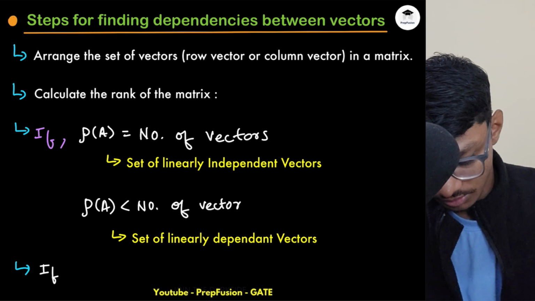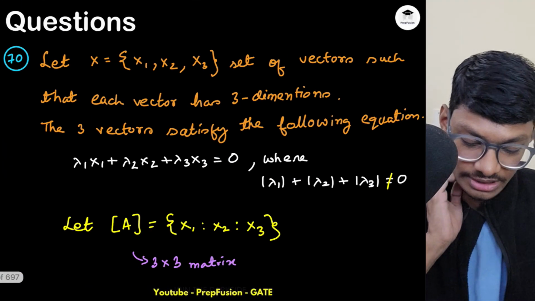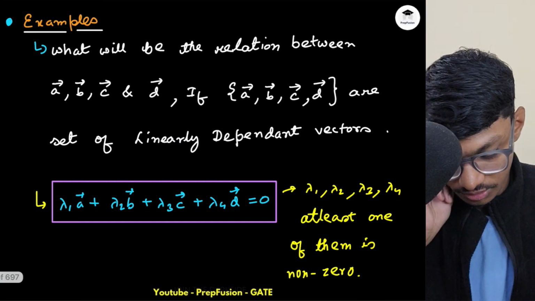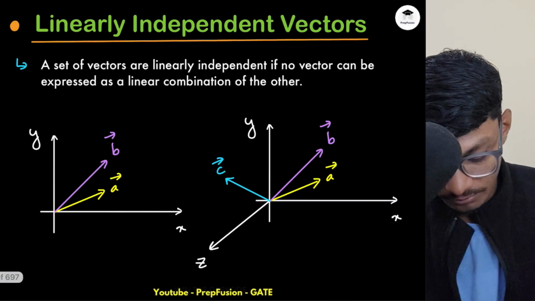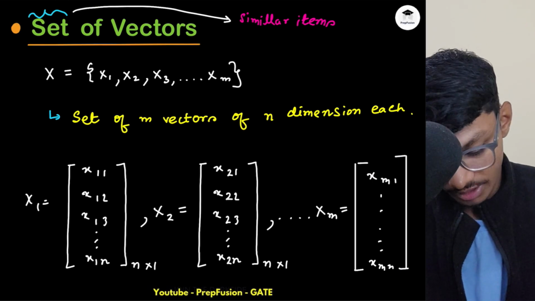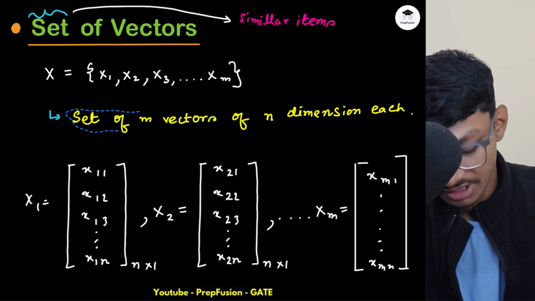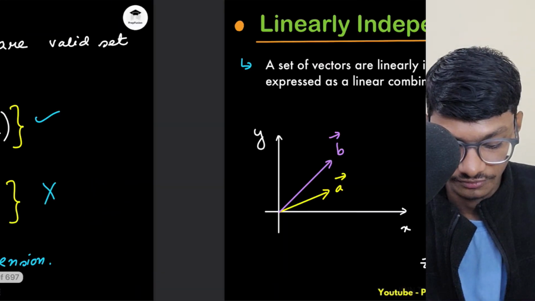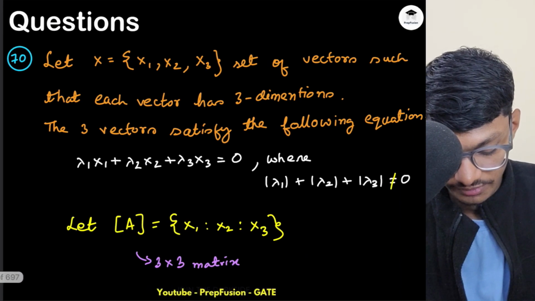I should not write dimension because with dimension you will get confused. Whatever nomenclature was used over here, because we'll learn about dimensions later on. We will learn about dimension, don't worry. For now, just understand the dimension is basically the order of this matrix, right? The order of this matrix.